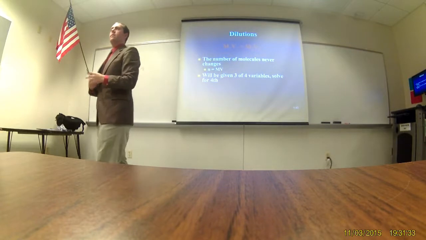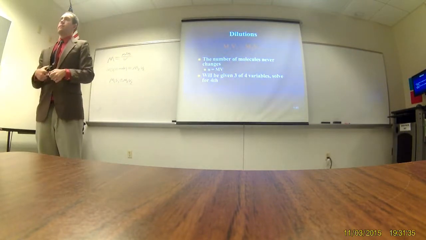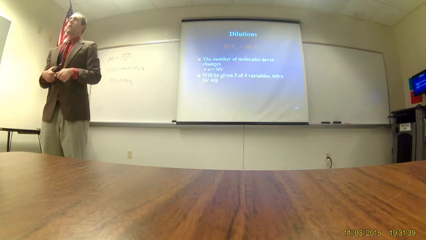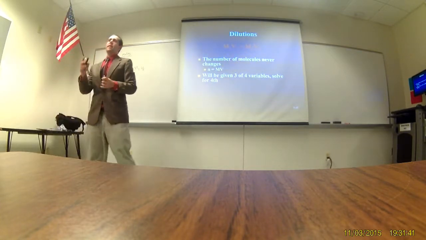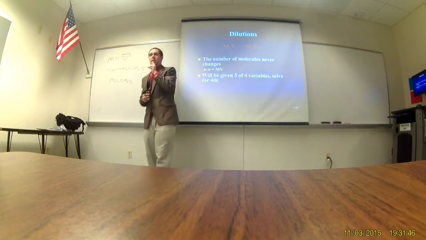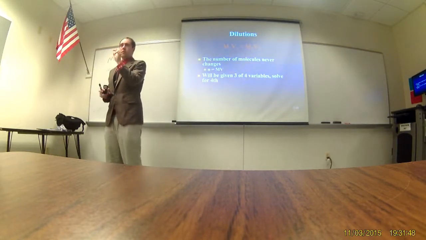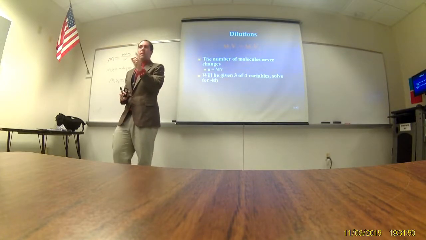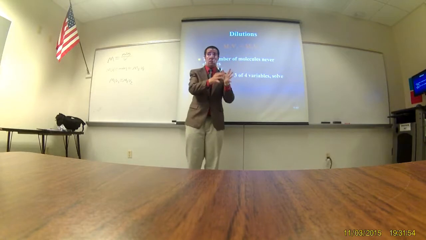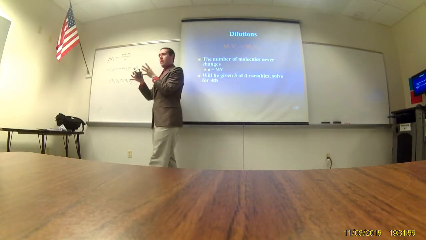Should we always just go by the first M1V1, or does it not really matter which one you make 1? It doesn't matter which one you make as 1 and 2. But I think you're less likely to confuse yourself if you always make the 1s the beginning and then the 2s the ending.